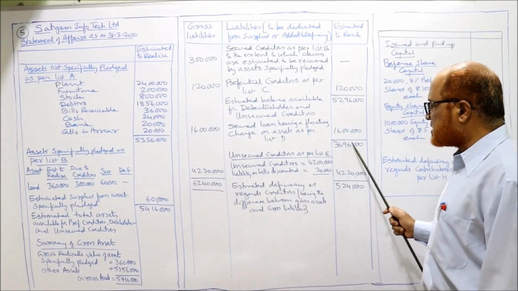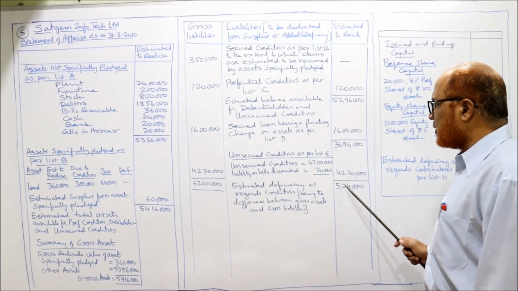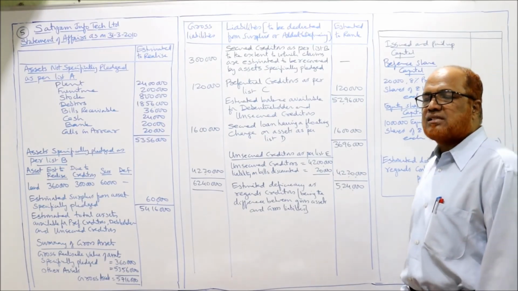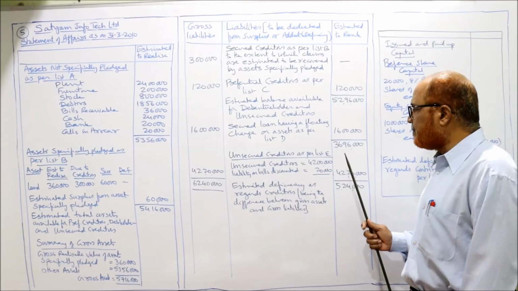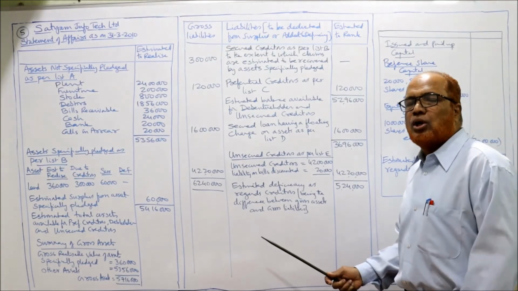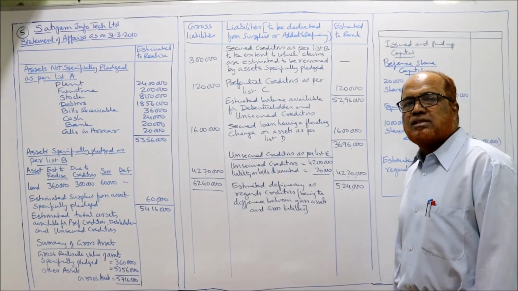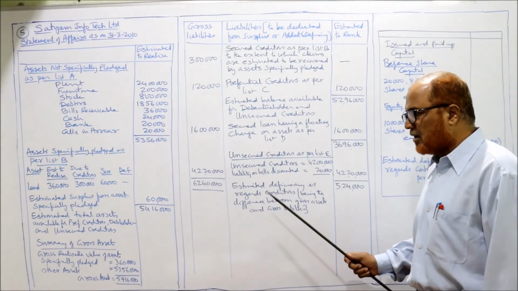Now find 36 lakh 96,000 minus 42 lakh 20,000. Minus 5 lakh 24,000 is the deficiency as regards creditors.